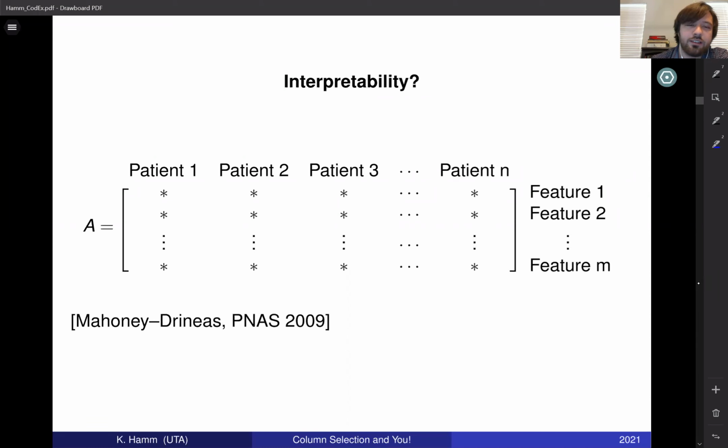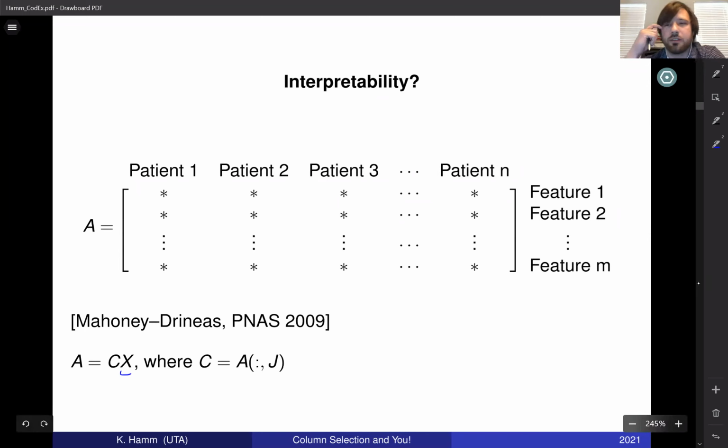On the other hand, if I factorize my matrix as a product of actual columns of it, so in this case, patients, times some coefficient matrix X, what I now have is, if I get in a new patient, I represent it in terms of a subset of the rest of them. Or if I do this by taking transposes, I look at a new gene expression and I can represent it as a combination of the other genes.